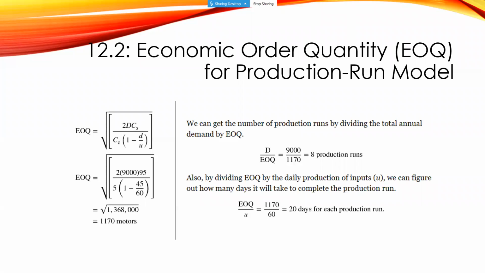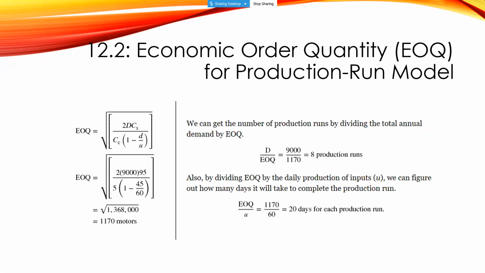We run through top and bottom calculation at a square root of 1.368 million, which gives us optimal input production, OIP, of 1,170 motors. So it takes about 20 days for each production run.